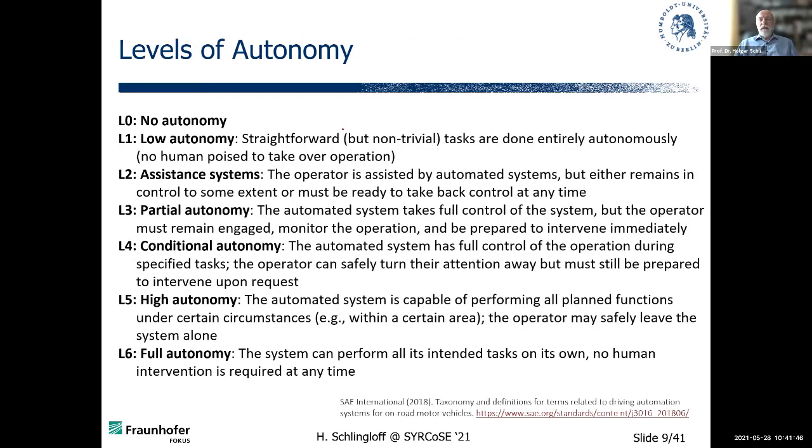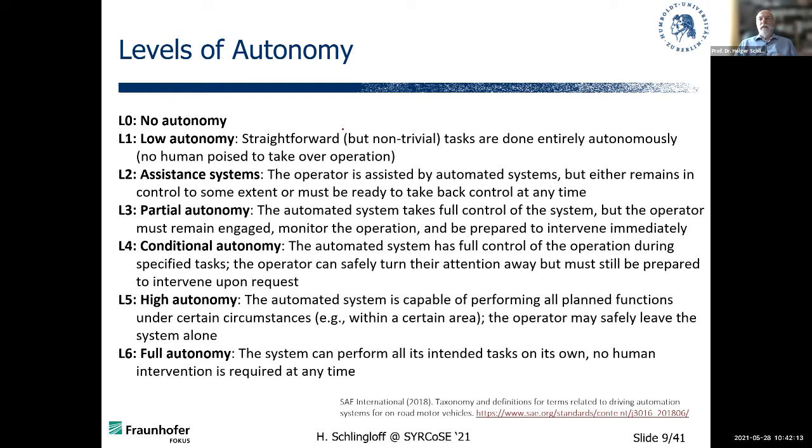The different domains, let's say trains, planes, automobiles, have come up with a classification of autonomy. One which is given here is from the Society of Automotive Engineers, taxonomy and definitions for terms related to driving automation for road vehicles.